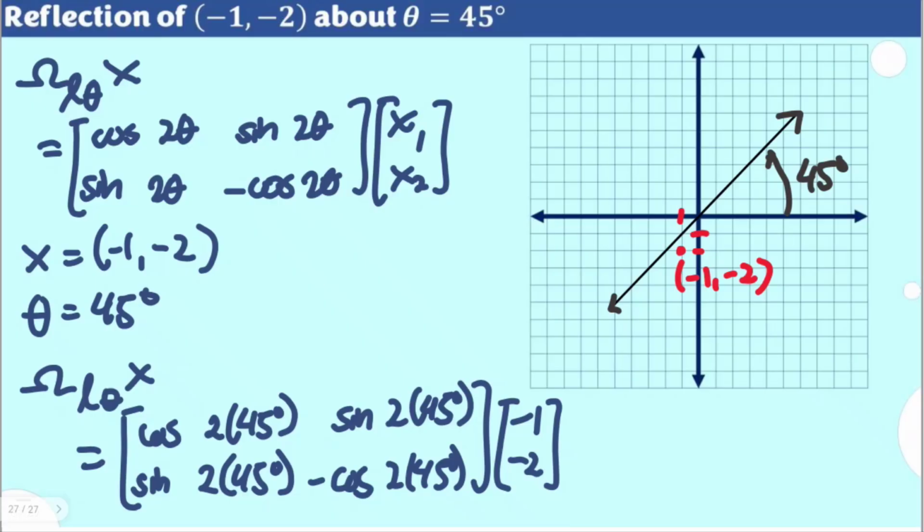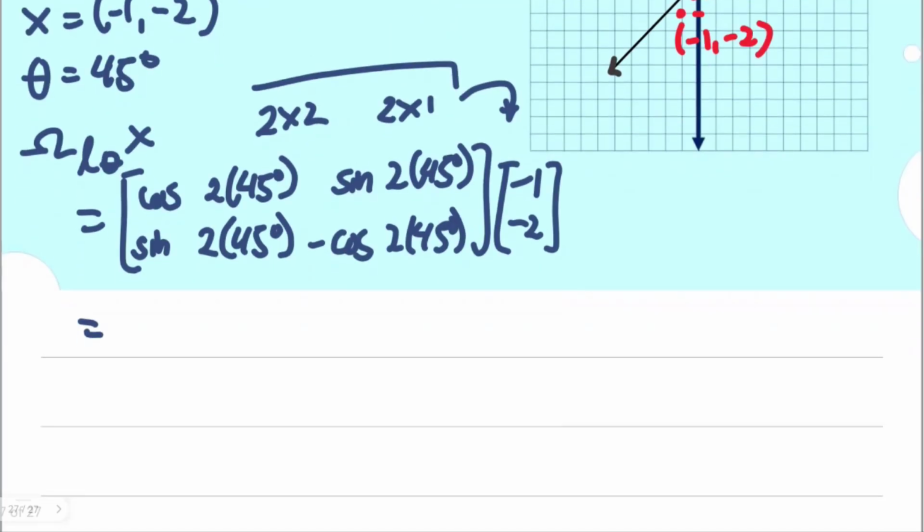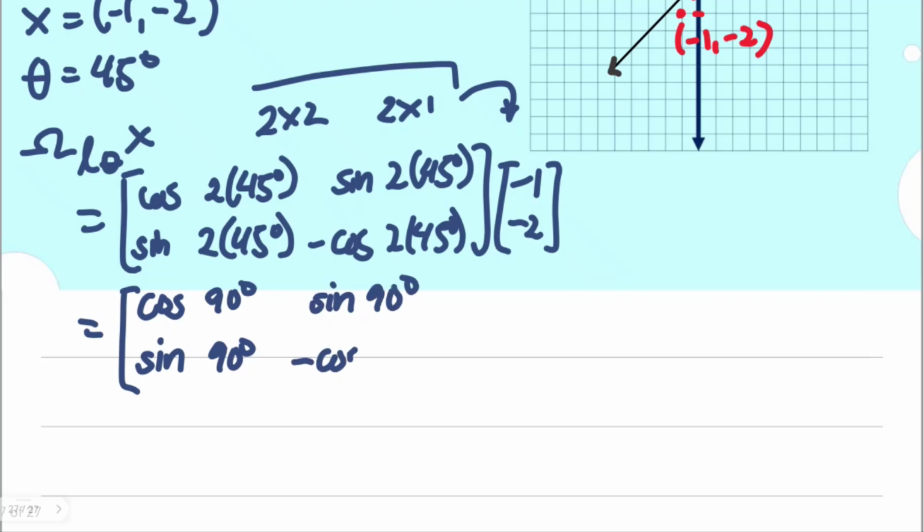Before multiplying the two matrices, which is a 2 by 2 matrix and a 2 by 1 matrix, the result is another 2 by 1 matrix. Let's simplify first the matrix with trigonometric functions. So you have cosine 90 degrees, sine 90 degrees, sine 90 degrees, and negative cosine 90 degrees, times -1 and -2 here.